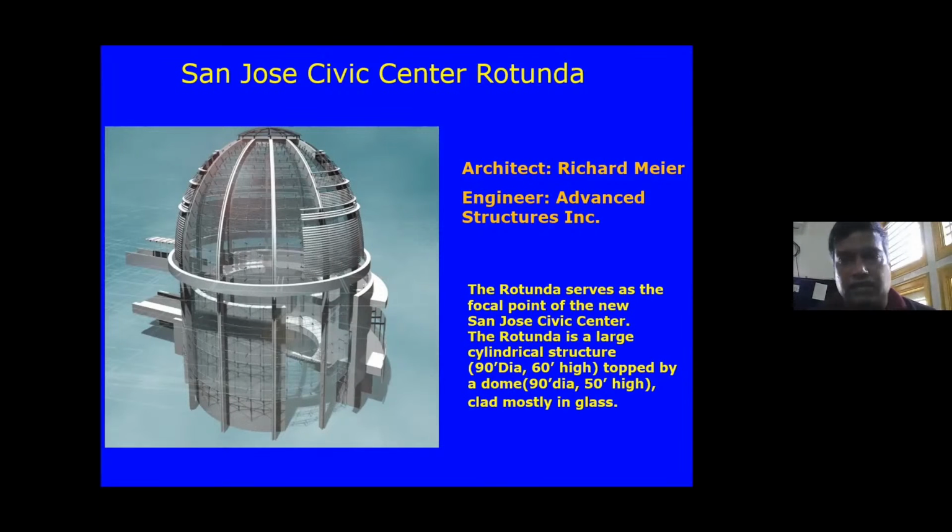And Architect Advanced Structures Incorporated, where I used to work, were the structural engineers. The brief description of this building: it's about 100 feet tall from the base. The rotunda is about 50 feet in diameter and the total height is about 100 feet.